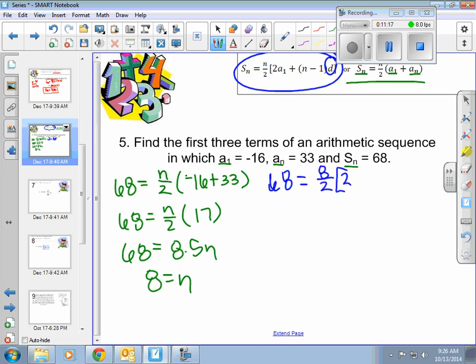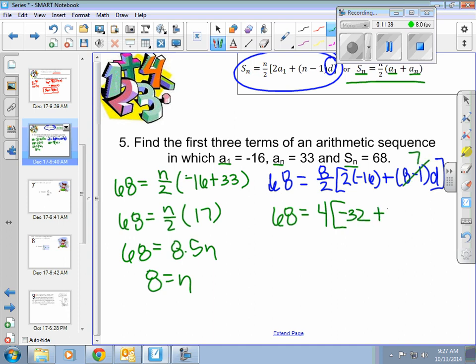Then I have 2 times my a sub 1, which is negative 16, plus my n minus 1, so 8 minus 1, times the difference. Well, we don't know what the difference is. So when I start simplifying, 68 is equal to 4 times 2 times negative 16, which is negative 32, plus 8 minus 1 is 7, so plus 7d.